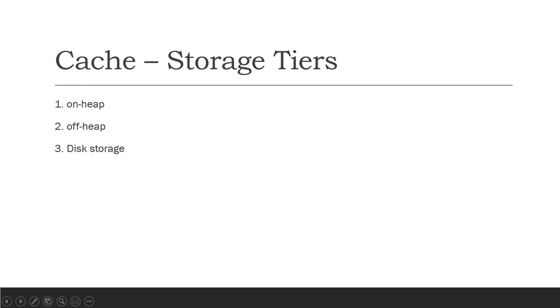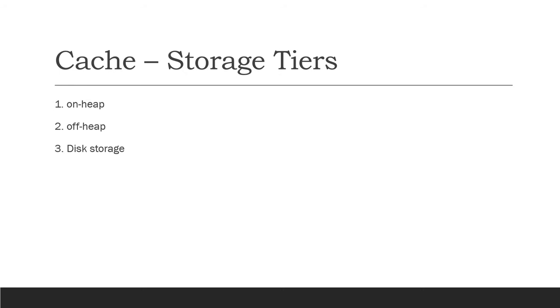Then go to storage. There are certain places where we store the data: on-heap storage, off-heap storage, and disk storage. These three are used in the cache.